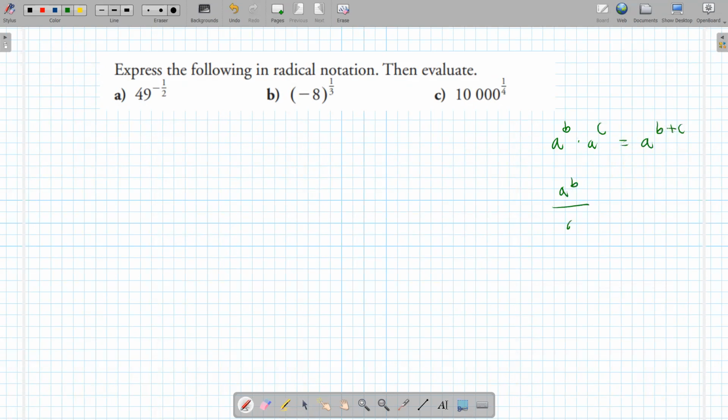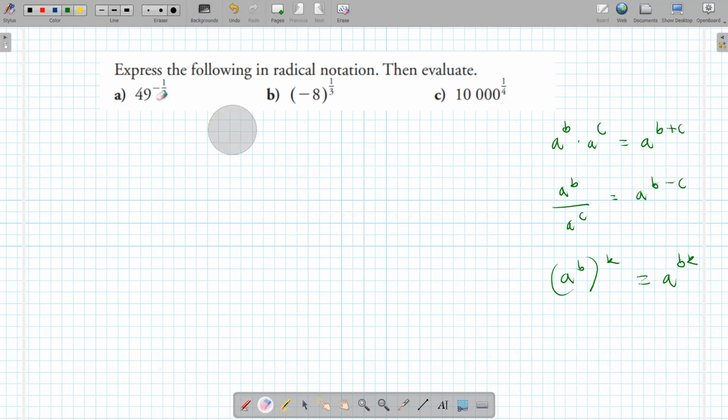If you're dividing and the bases are the same, then you subtract them, okay? And finally, if you have an exponent outside an exponent, for example, 2 power 3 times 4, then you multiply the exponents. In this case, it's going to be 2 power 12.